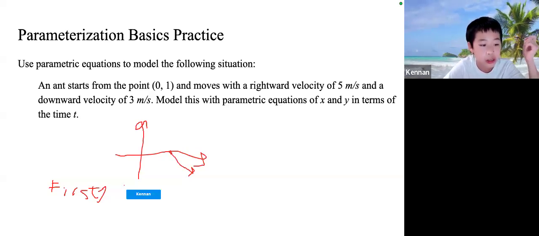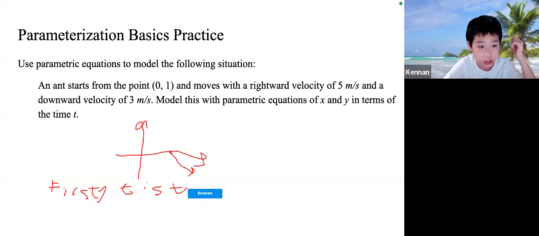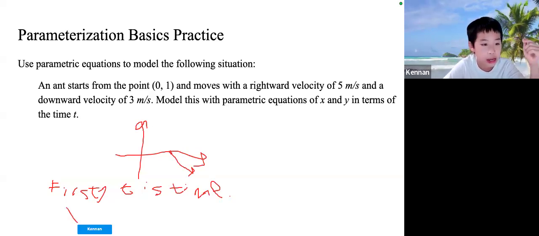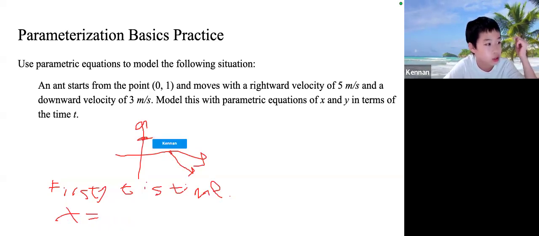Let's say t. So t is time in seconds since it started. Okay. So anyways, we have a note that x, oh sorry, it's over here.